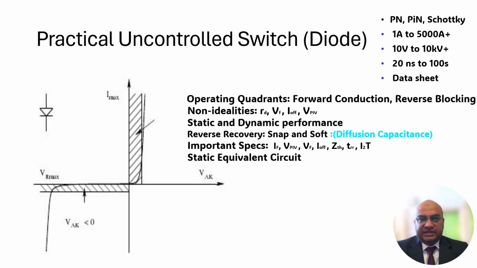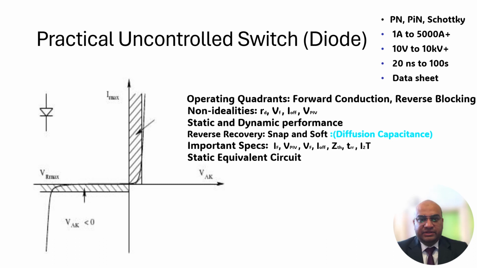For choosing any diode, you need to go through the data sheet of that diode, and then you will be able to find the right amount of voltage and current required for the application. If we discuss the non-idealities, RD, VF, IOF and VPIV are certain factors that are required to be considered while choosing the circuit.